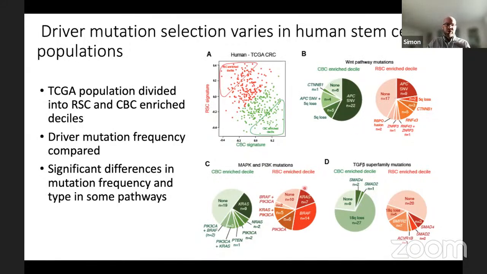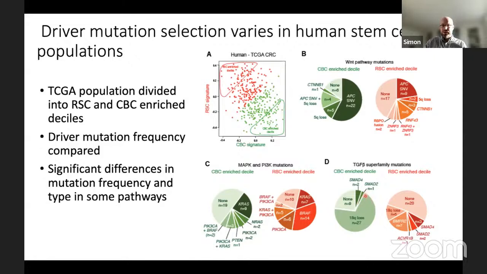And then when we looked again at some of the other pathways of interest, MAP kinase and PI3 kinase and TGF-beta superfamily, again, you could see that some differences were being picked out. Here in the MAP kinase pathway, KRAS was present in both, but BRAF was exclusively seen in the regenerative stem cell enriched population.